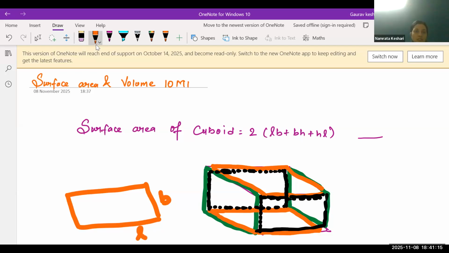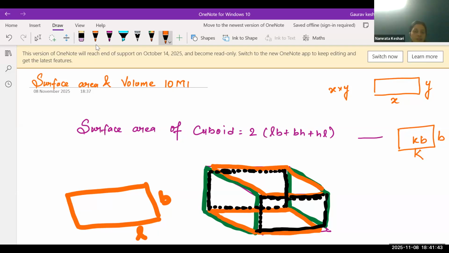Before starting with this one, suppose I am drawing a shape which is rectangular, and I say this is x, this is y, what is the area? So you will say x into y. Again, if I draw a rectangle and I say this is k, this is b, what is the area? So you will say k into b. Making sense?